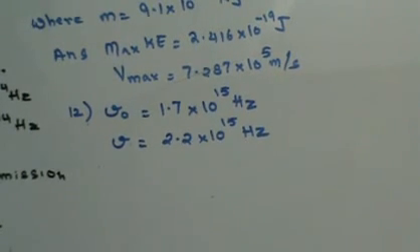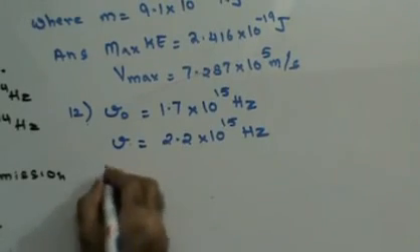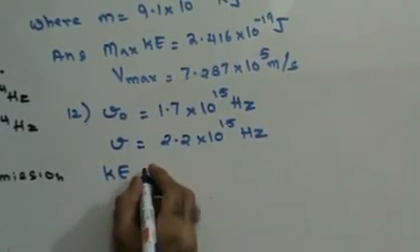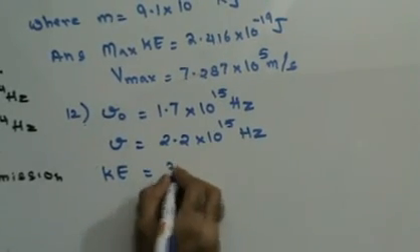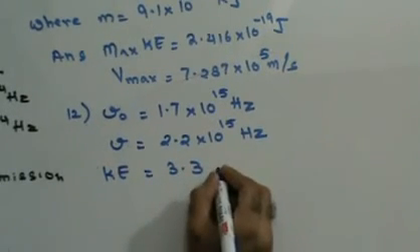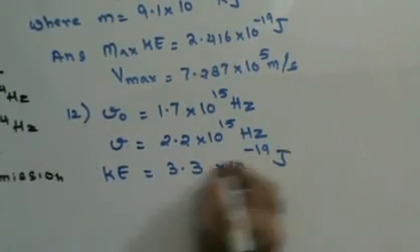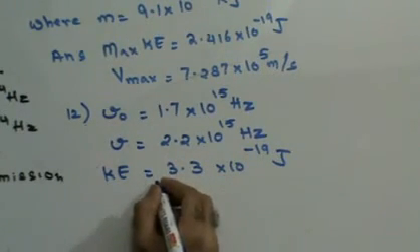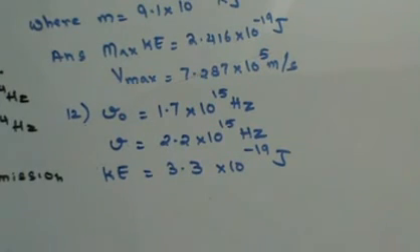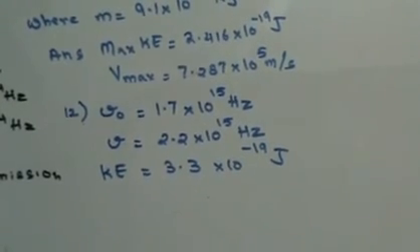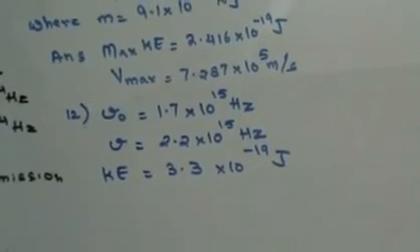Next, the kinetic energy of photoelectrons is 3.3 into 10 raised to minus 19 joules. You have to find Planck's constant.